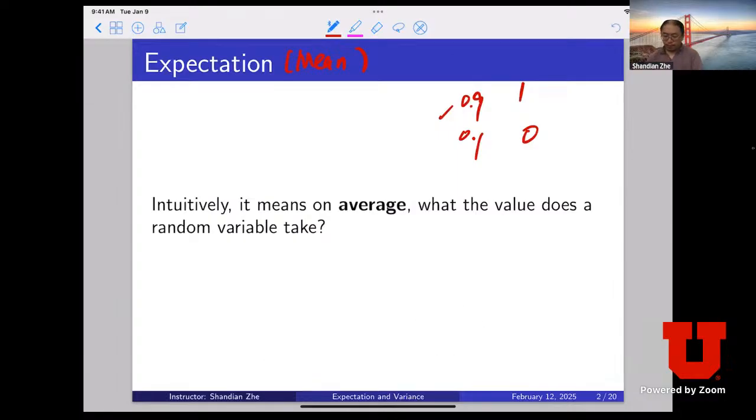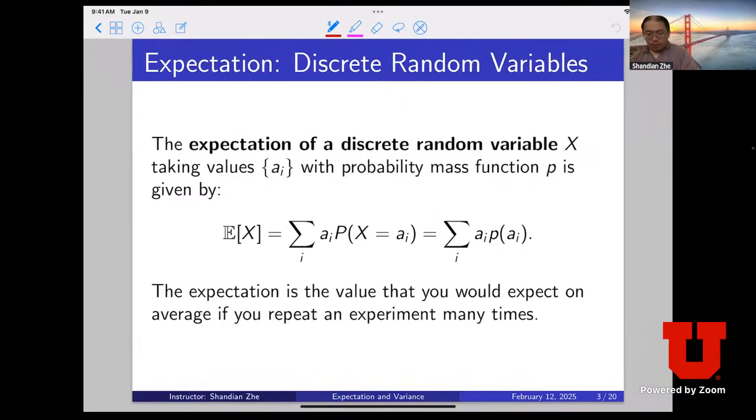Okay, so for a discrete random variable, the definition of the expectation is straightforward. It's just a weighted average of every value that the random variable can take, and the weight is the corresponding probability that the random variable takes that value. Say your random variable x, which is discrete, can take a set of values like a1, a2, and a3.